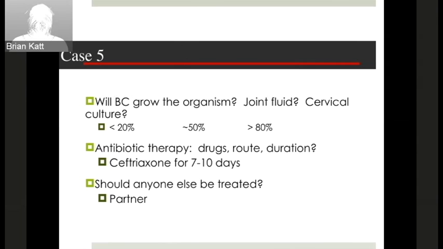I mean, if you make the diagnosis, right? The purpose of GYN in this situation would be if you want them to get a cervical culture to say that yes, this is it. But there are other tests that you can get that will show someone being positive for gonorrhea or chlamydia.